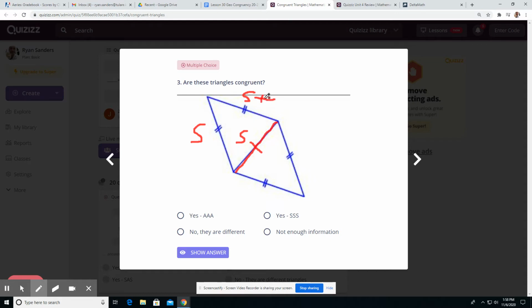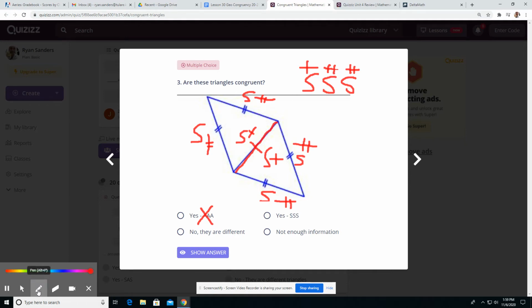So by side, side, side, they're matching. Remember, AAA is not one of them. Even AA is not one. That's not one of the ones in our song. It has to be in our song to be congruent.